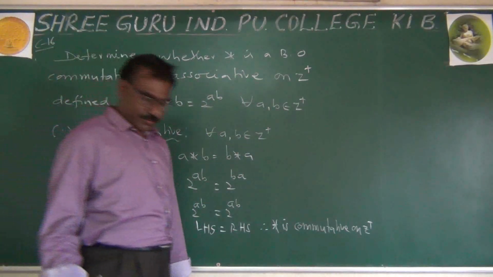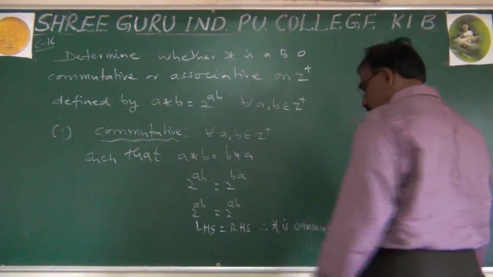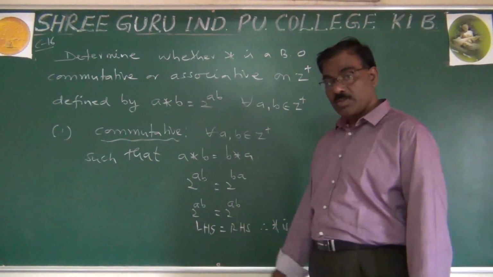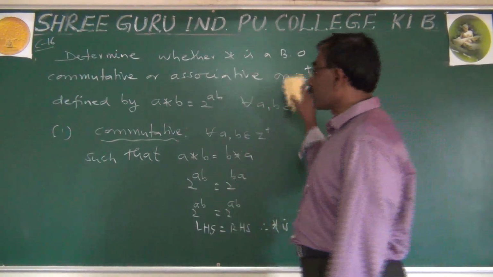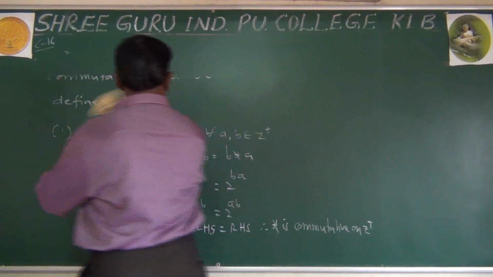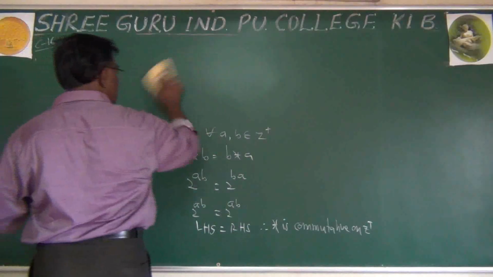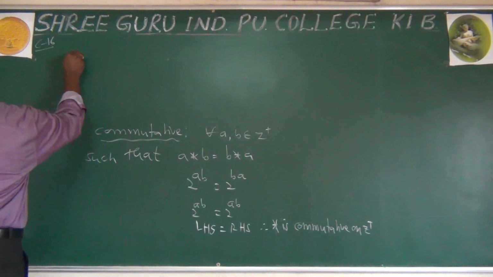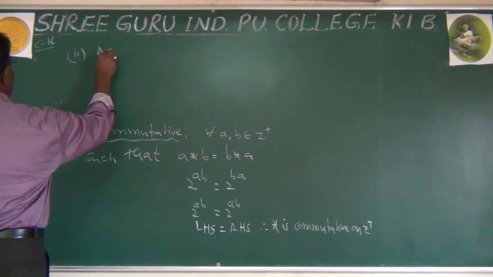Now it is commutative; that was by comparing. Both are equal, and this number also belongs to Z plus, it is positive. So what is the next? Associative. Whether it is associative or not.